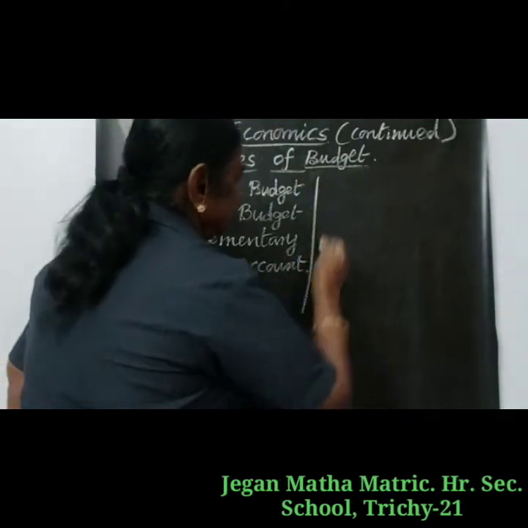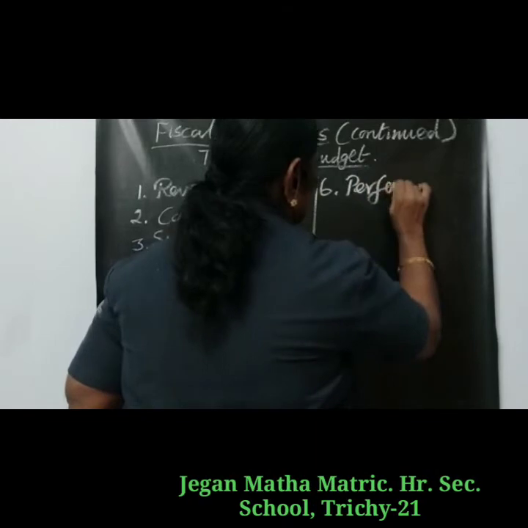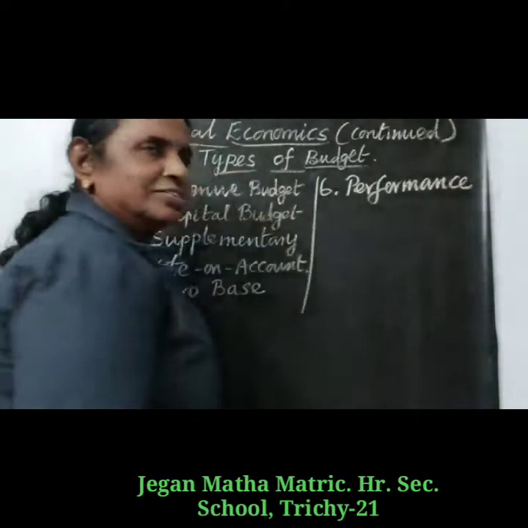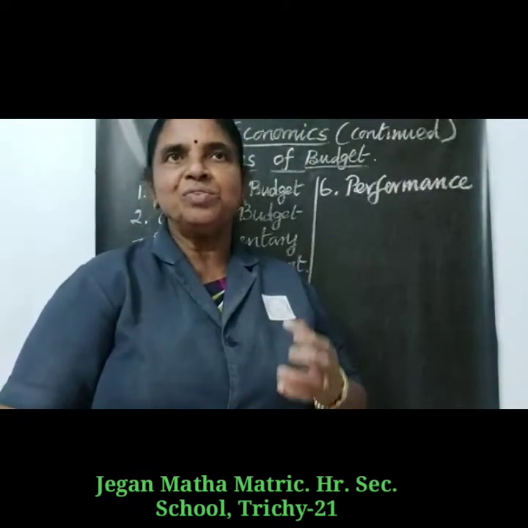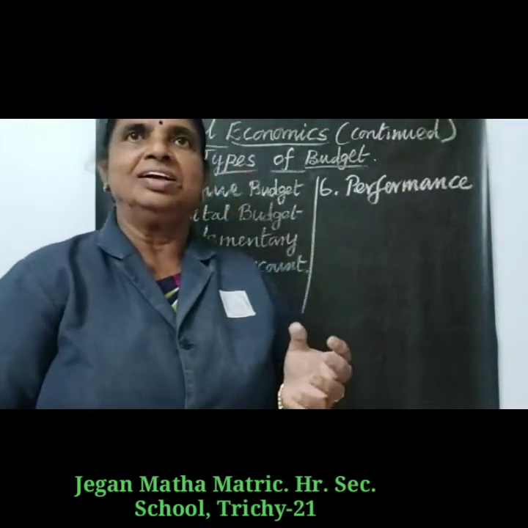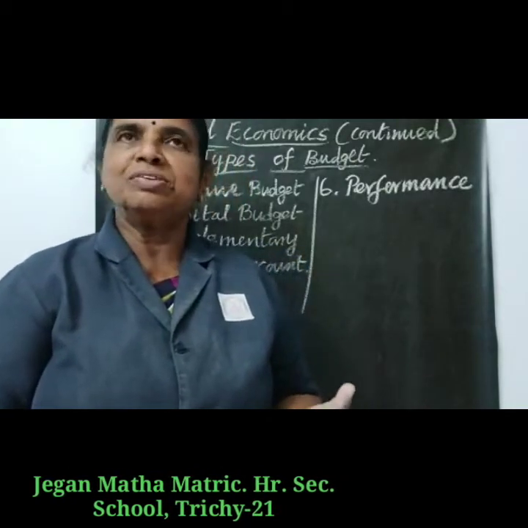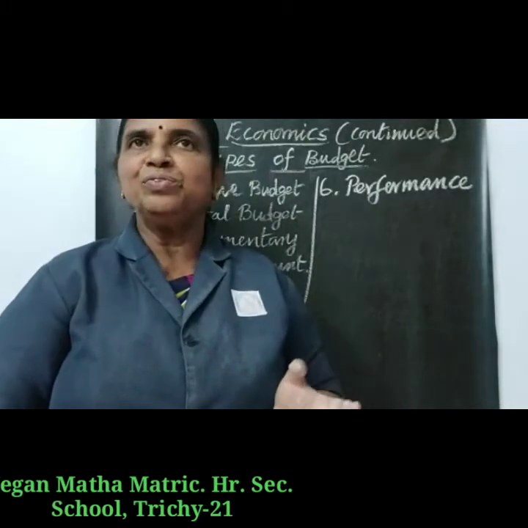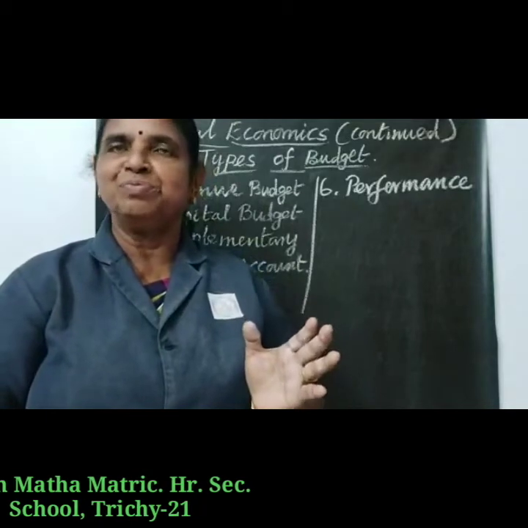So the sixth one is performance budget. From the word performance, we can easily understand that the outcome of any activities taken as the base of any budget is known as performance budget. And for the first time in the world, the performance budget was made in USA.